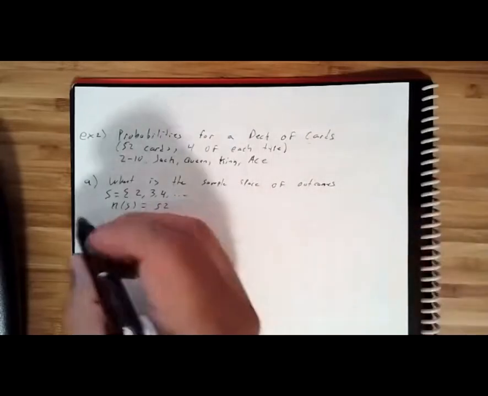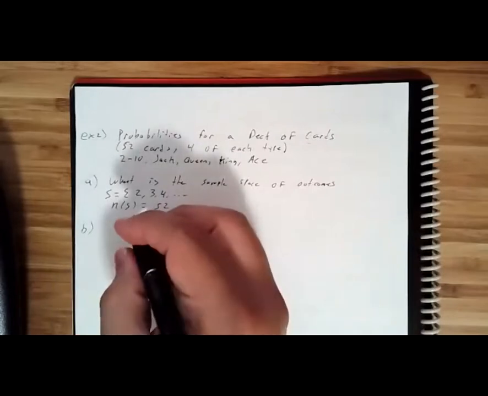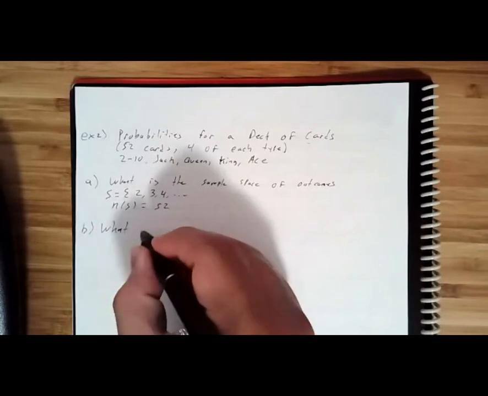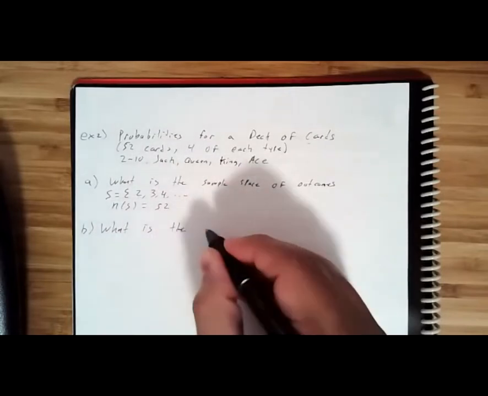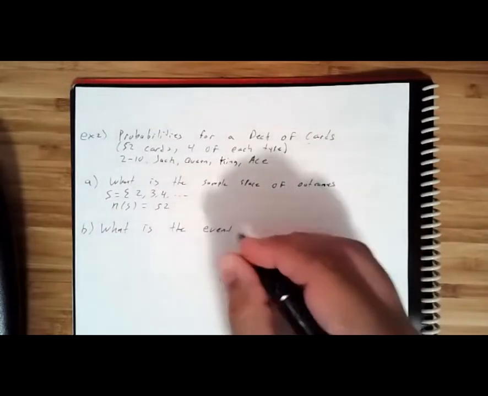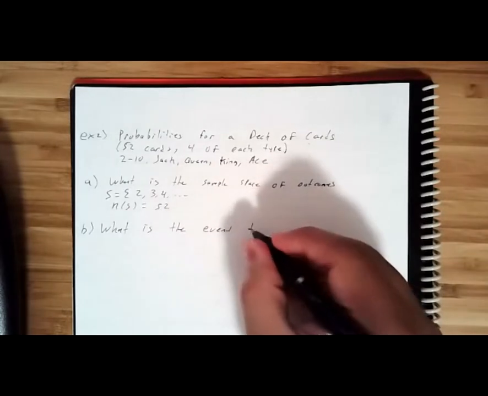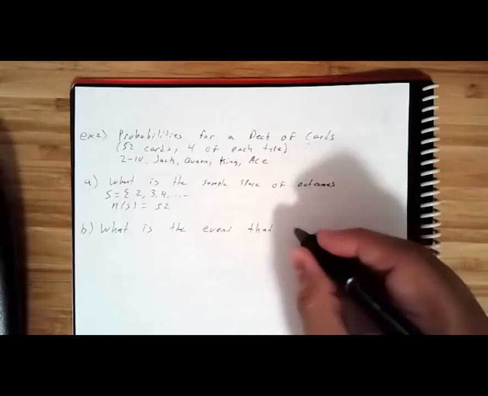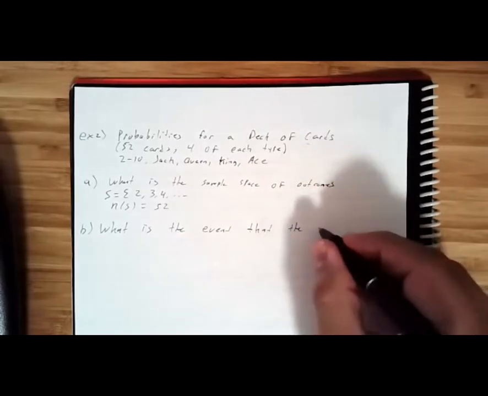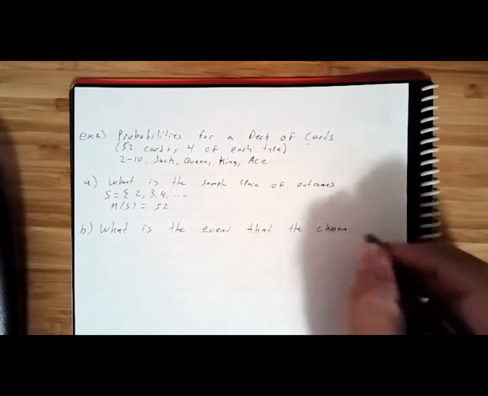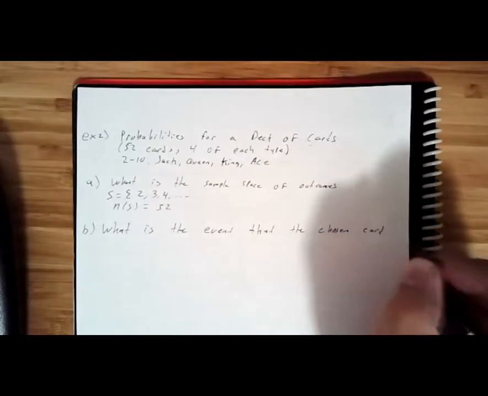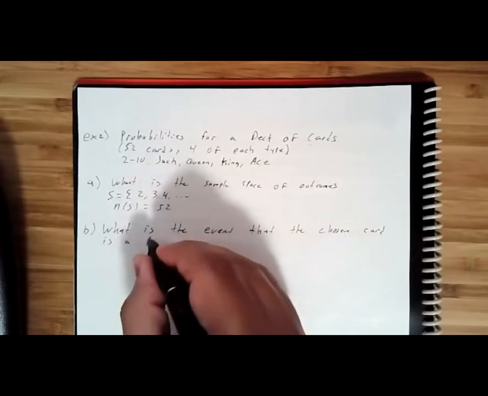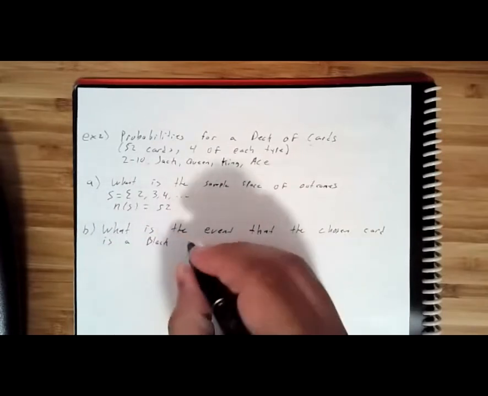Now part B. What is the event that the chosen card is a black face card?